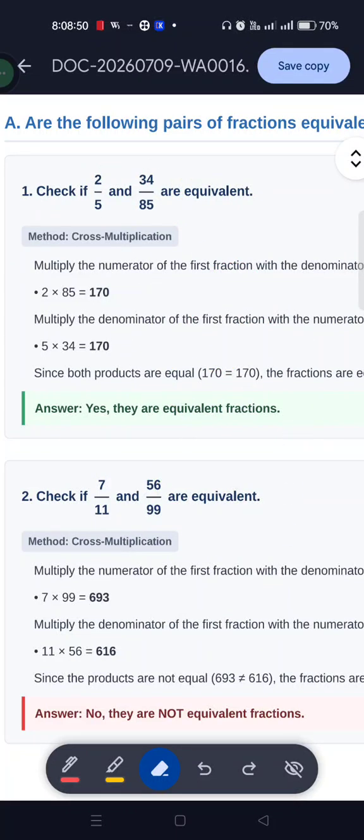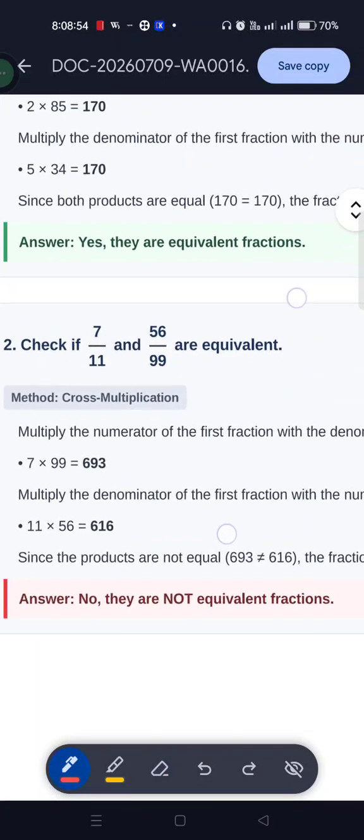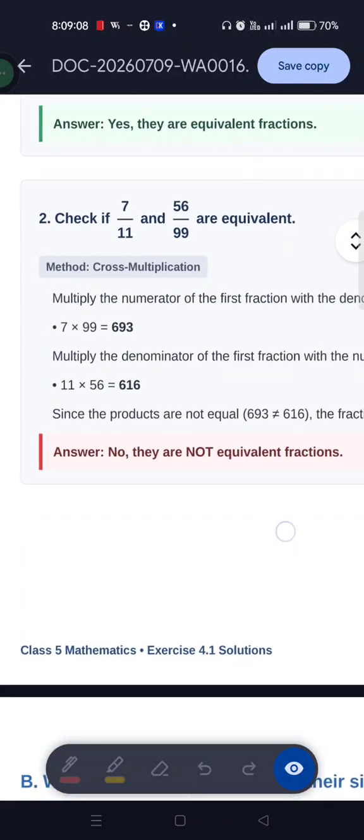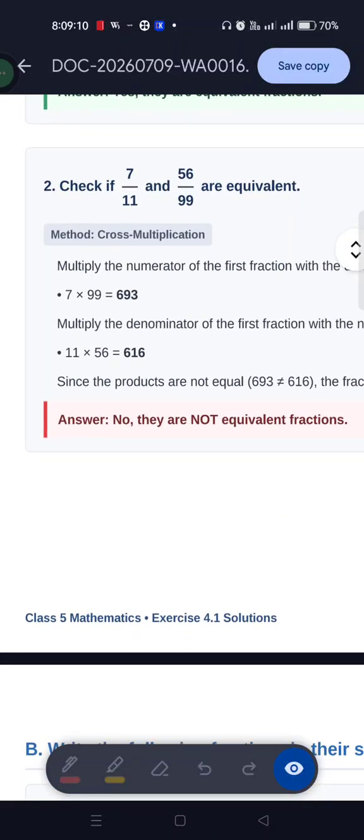Now the second question: check if 7 upon 11 and 56 upon 99 are equivalent. So here you will apply the same procedure. First of all, what will you check? You will check whether 56 comes in the table of 7.